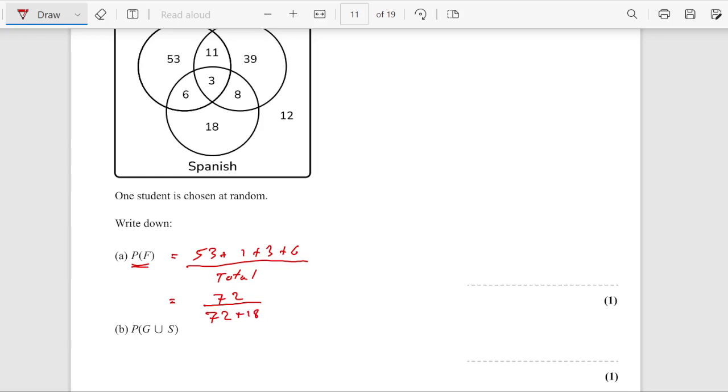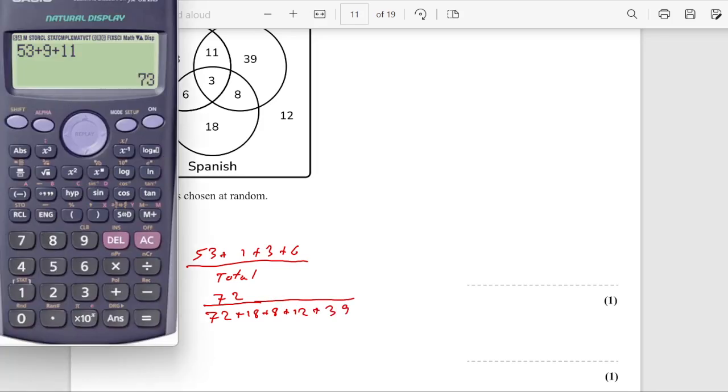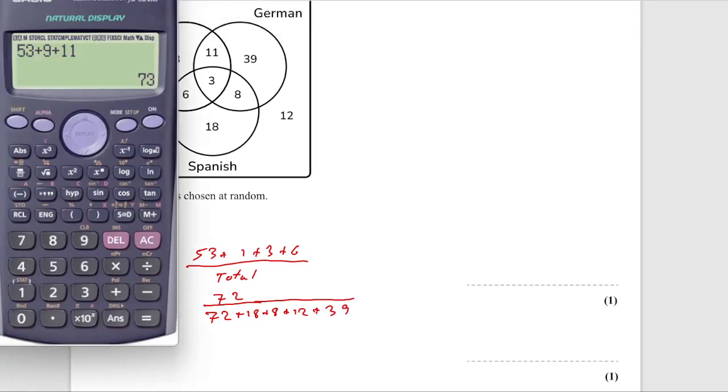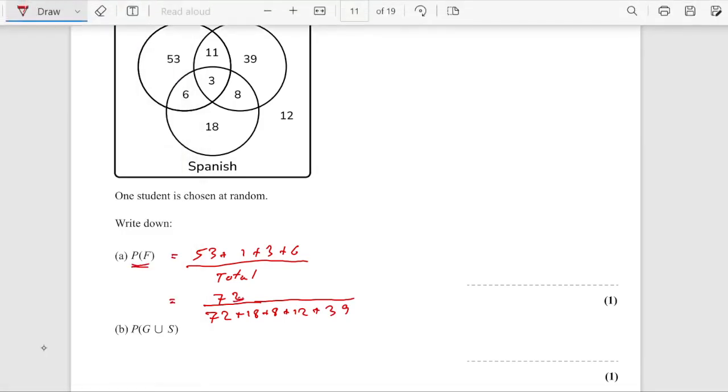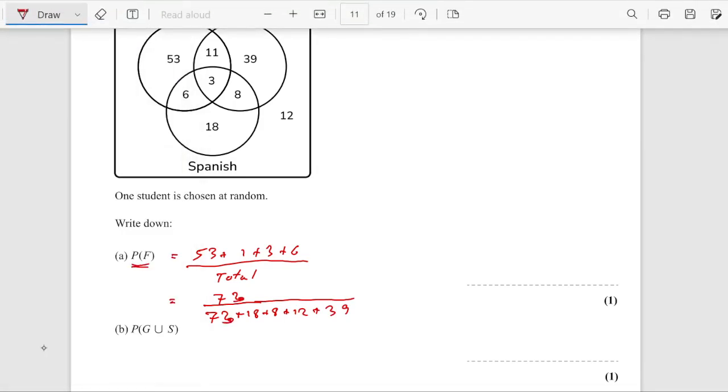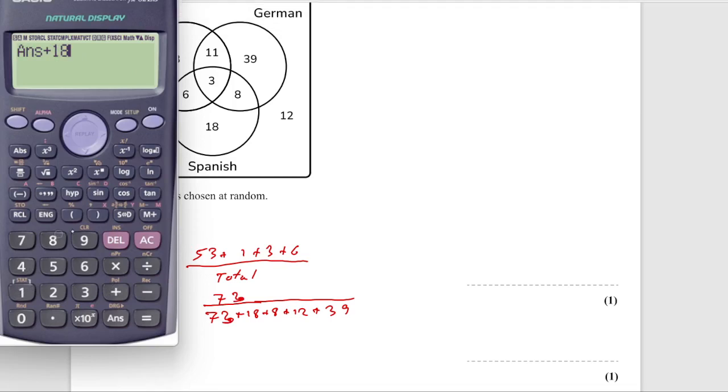Plus 18 plus 8 plus 12 plus 39. So on my calculator I've still got 72, so 73, apologies. Plus 18 plus 8 plus 12 plus 39. That gives me a total of 312.